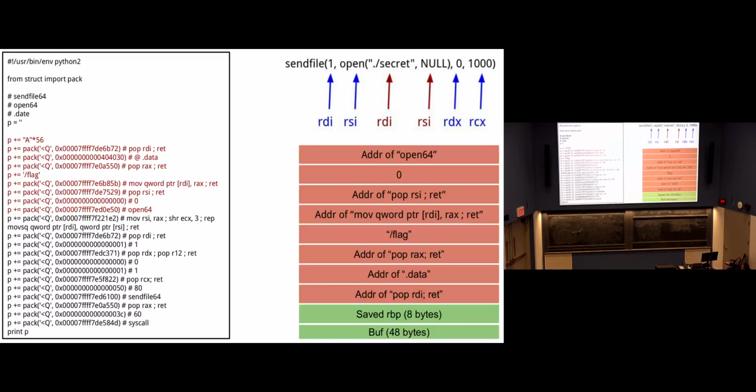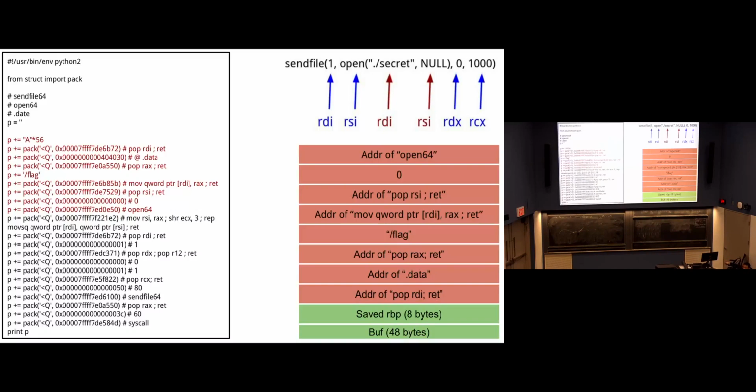Okay, so after that, we set RDI as 1. That's the first argument of sendfile. Then after that, we set RDX as 0. For the same reason, we cannot find a pop RDX; return gadget, so we use this gadget.